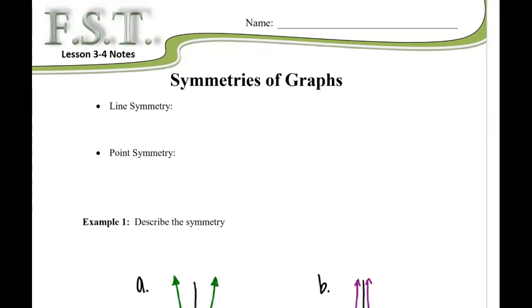3.4 is symmetries of graphs. So first of all, we have line symmetry, and this is reflection symmetry over a line.